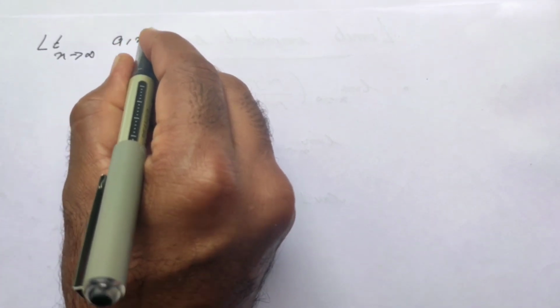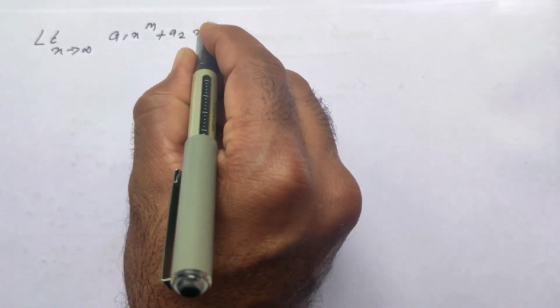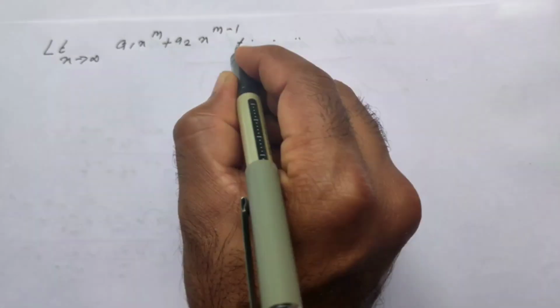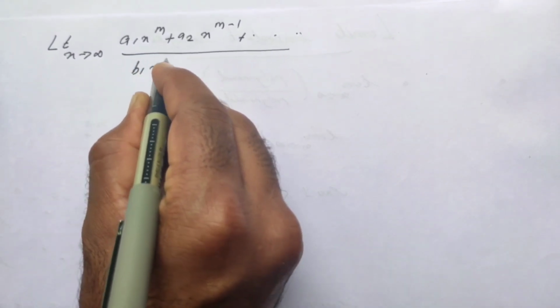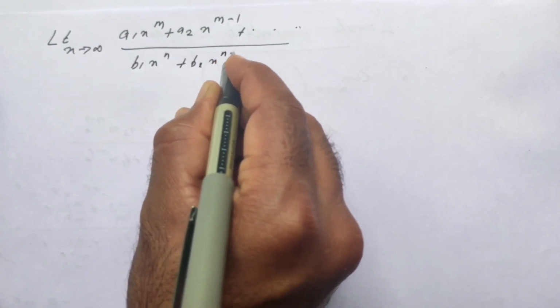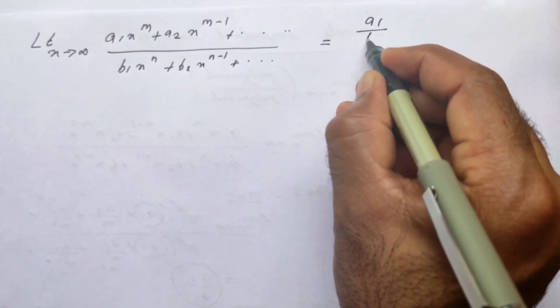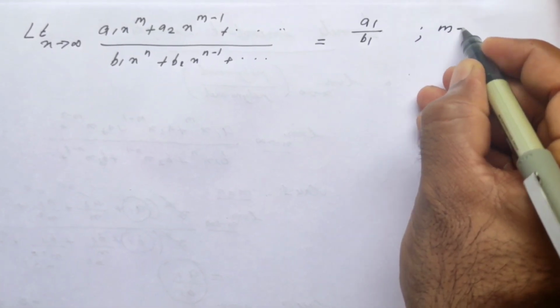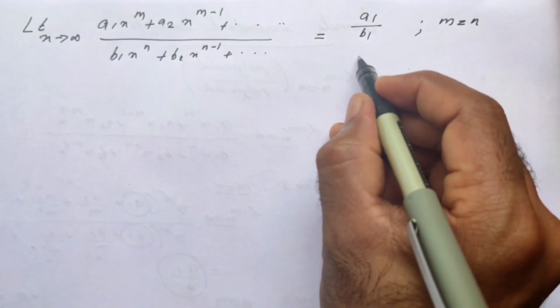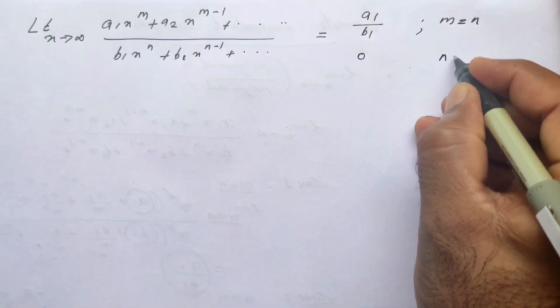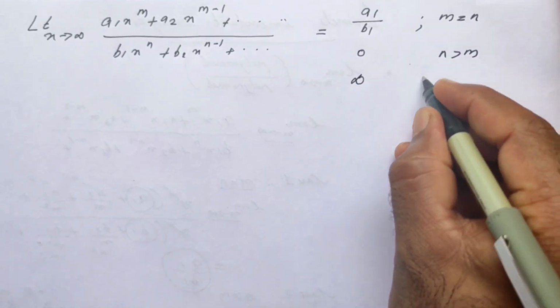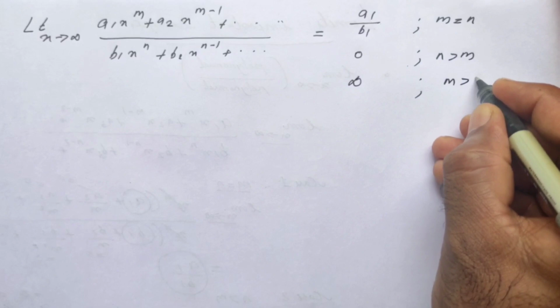So the basic idea to remember: a limiting question of the type a polynomial a1 x raised to m plus a2 x raised to m minus 1 etc. divided by b1 x raised to n plus b2 x raised to n minus 1 plus etc. is equal to a1 divided by b1 when m equal to n, and is equal to 0 when n greater than m, and is infinity when m greater than n.